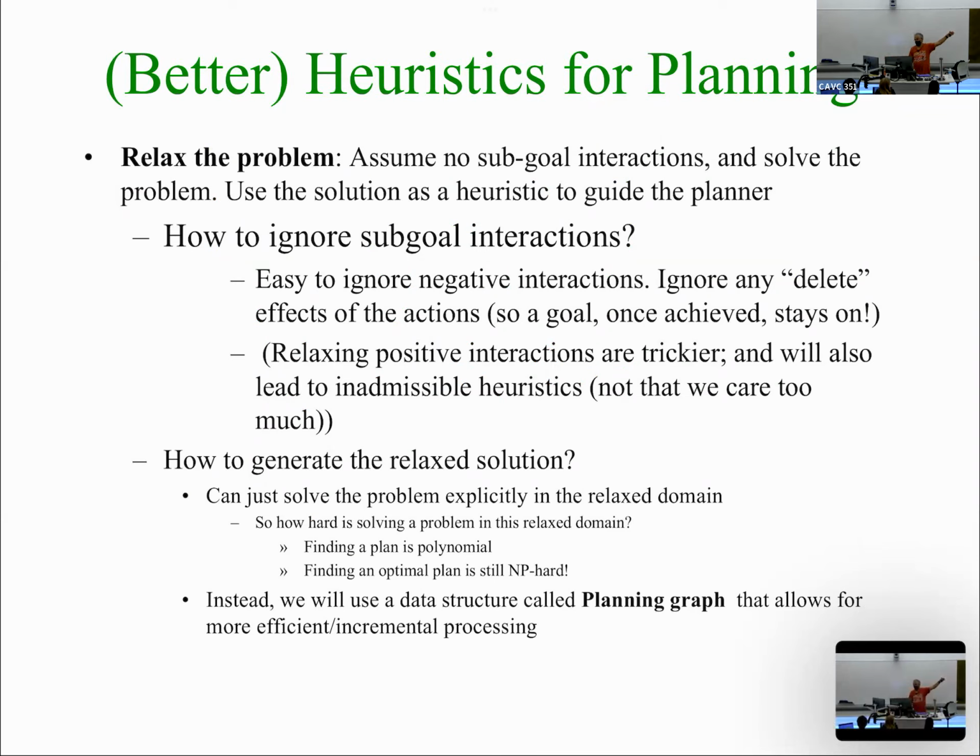If you remember from the A-star search ideas back in Intro to AI, the Manhattan distance and number of misplaced tiles ideas are much simpler than pattern database heuristics. But pattern databases might actually solve the total problem faster. The total cost of solving the problem might be lower if you do more work upfront.